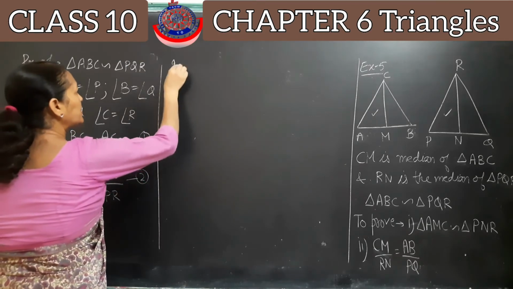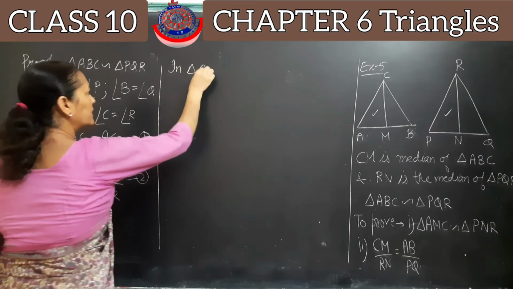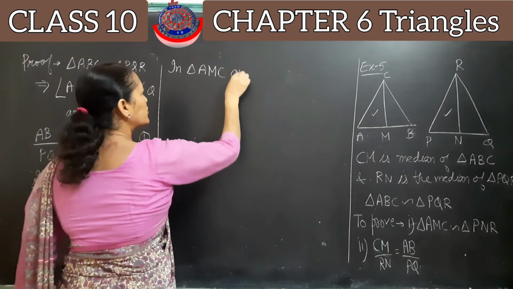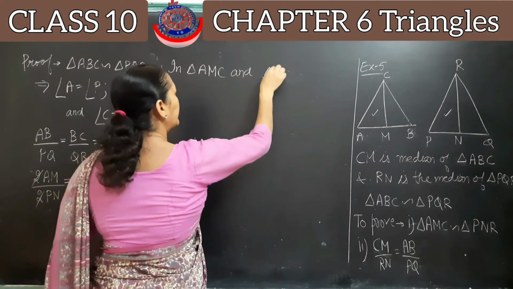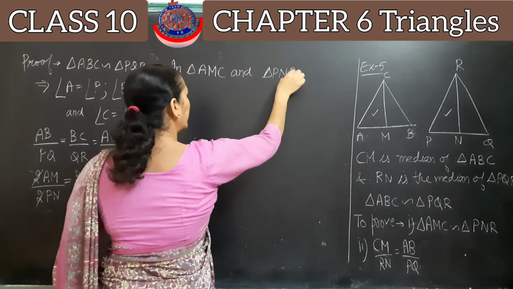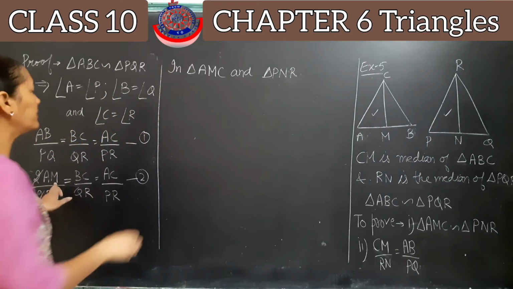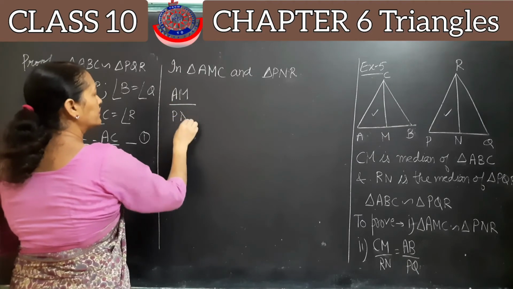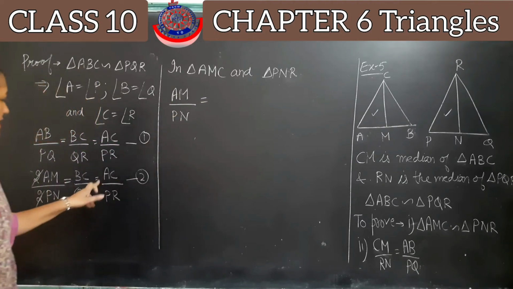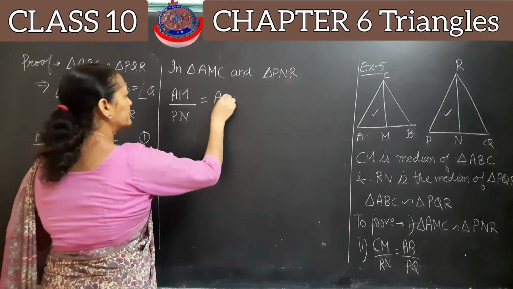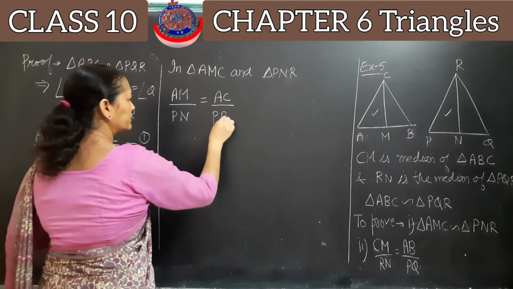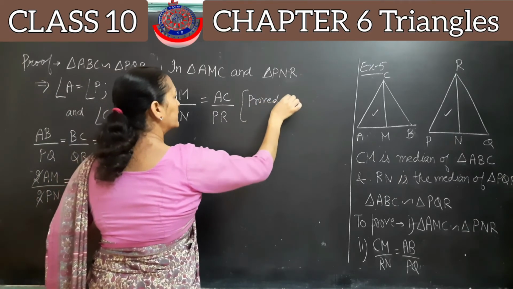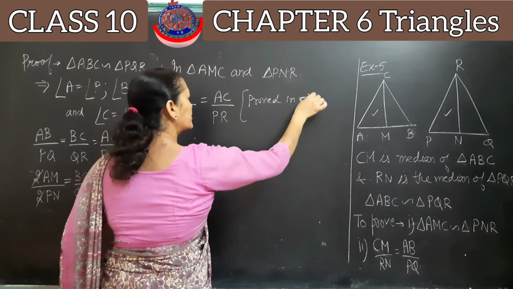Now if we write in triangle AMC and triangle PNR, in these two triangles, AM upon PN is equal to AC upon PR, proved in equation 2.